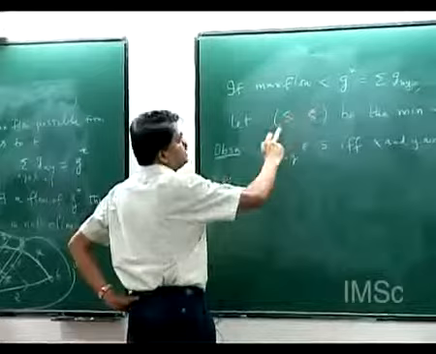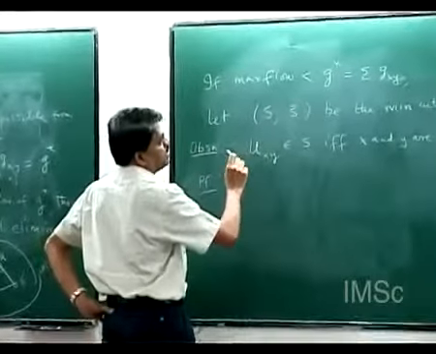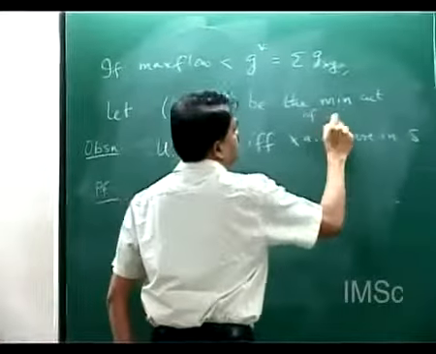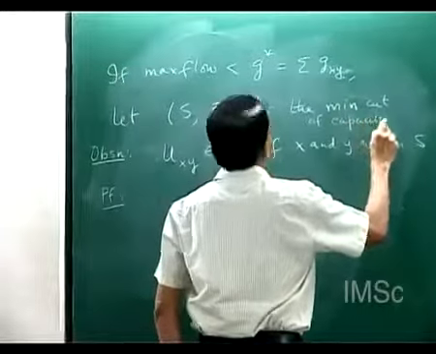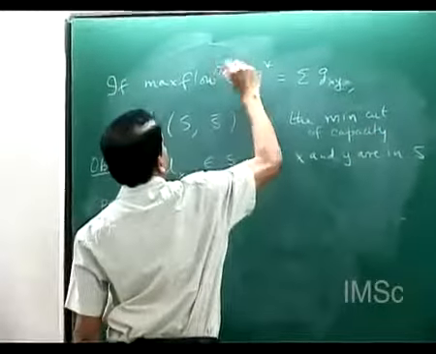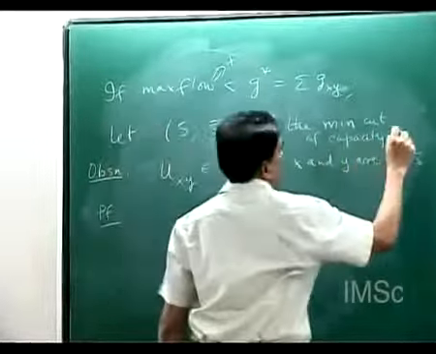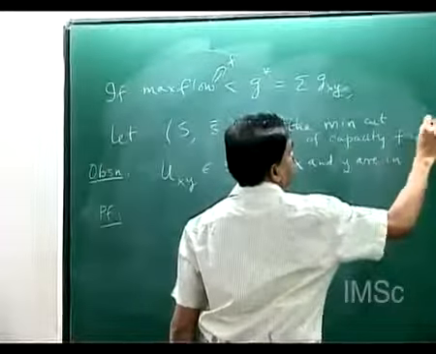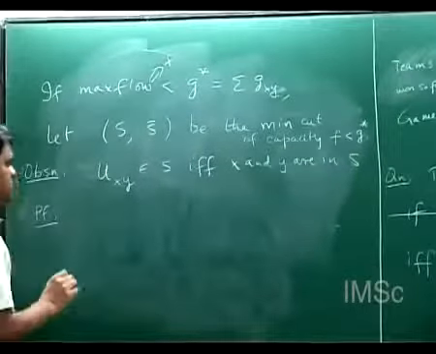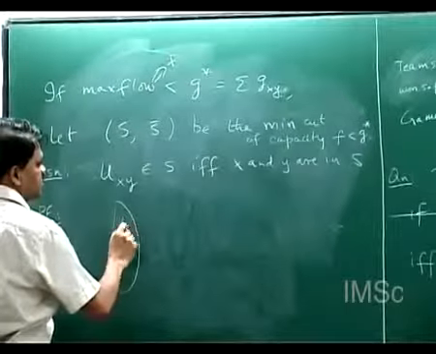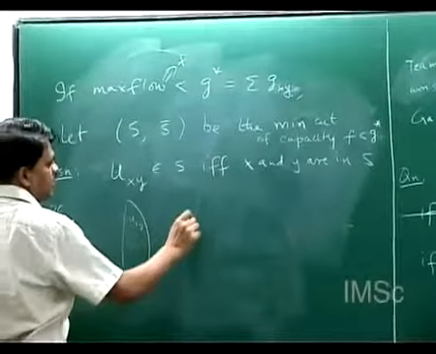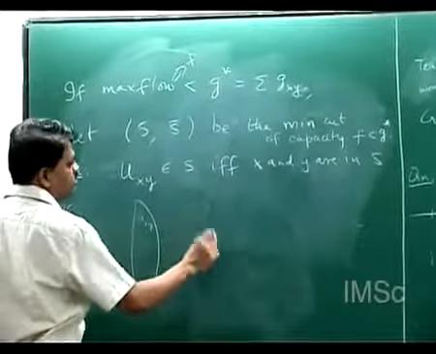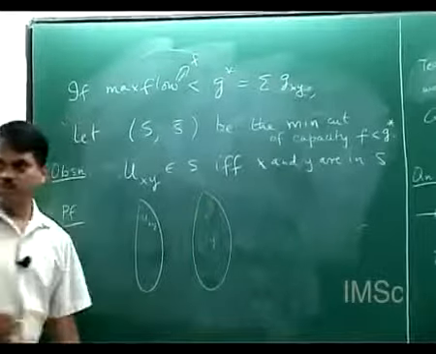Okay. So, this cut has some capacity, let us call this f, which is less than G star. Okay. So, suppose u x y is in S, but x or y is in S bar, what is the problem?